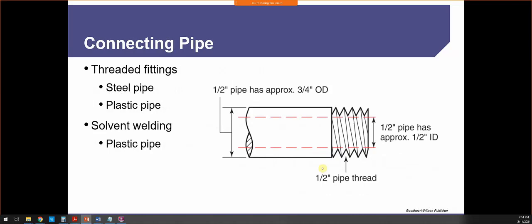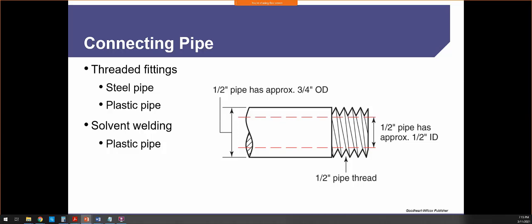Connecting pipe. We want to use the pipe dope again on the steel pipe, plastic pipe, same thing. These threads may not be perfect, so some type of dope, some type of thread sealant on there is perfect. Plastic pipe, we're going to solvent weld it, which means that if we're going to connect two pieces of PVC, we're going to apply a primer to it, and then we're going to apply a glue.